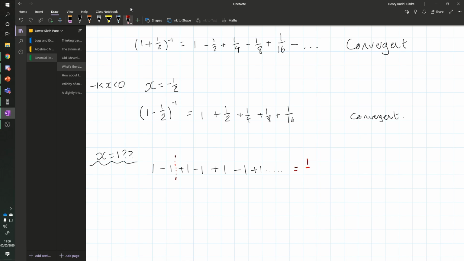And actually, this is equal to a half, because we can think of it, although this isn't exactly correct, like taking the average of 0 and 1. It's always going to be either 0 or 1, so we say, oh, it's a half. There's lots of ways of proving that this is actually a half, but not in A-level maths.